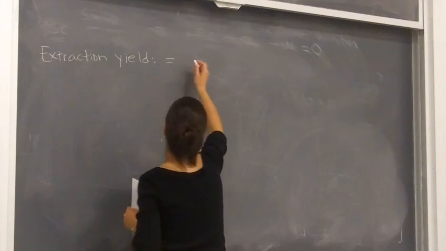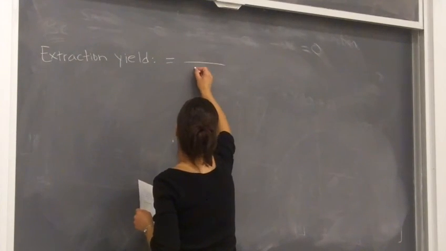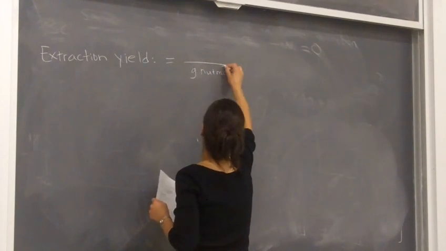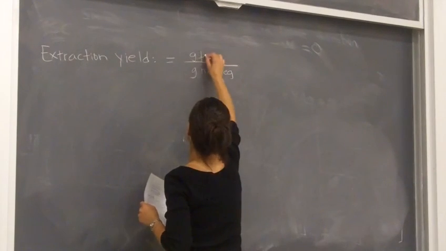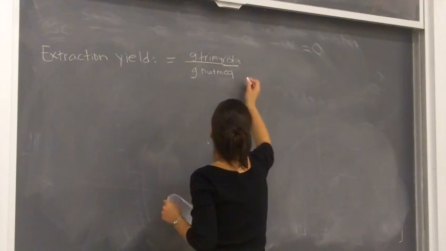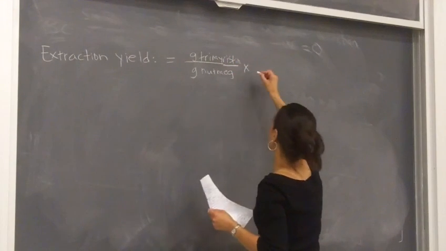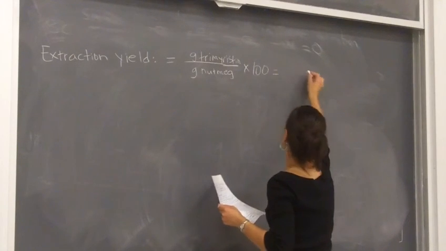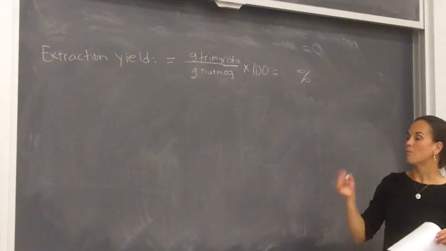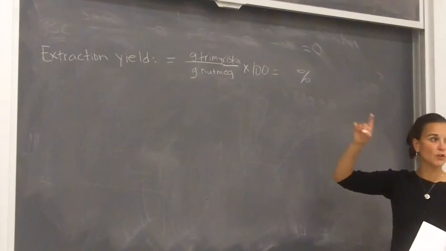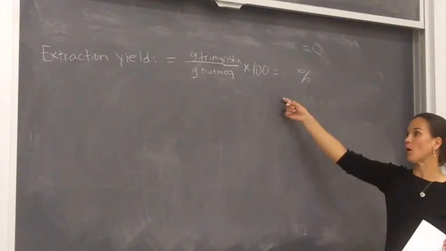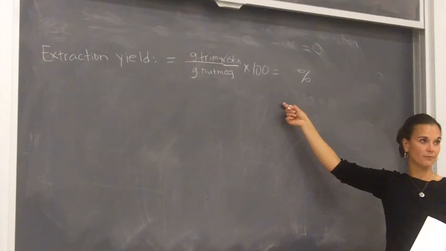So we're going to divide our grams of trimeristin by our total grams of nutmeg. And then we want a percentage, so we'll multiply by 100 to get that as a percentage. Okay? So beyond knowing how much trimeristin you're using for next week, which is really important to know for the second part, you also need to calculate this as extraction yield. All right?